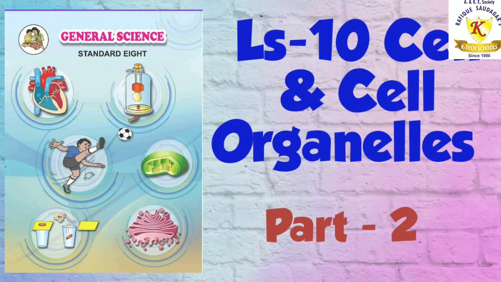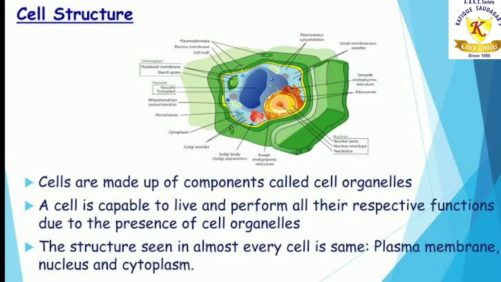So children, in our last lecture we have started our lesson number 10, Cells and Cell Organelle. Today we will continue the same lesson. Okay? In our previous lecture we have studied what cells are. Cells are made up of components called cell organelles.